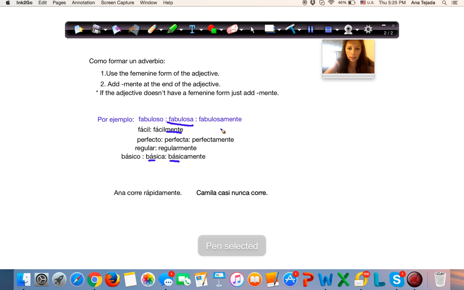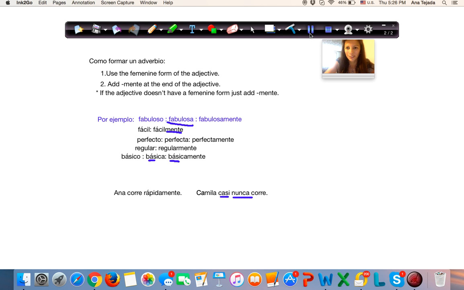Both casi and nunca are adverbs because they tell us how, when, or where an activity took action, right? So casi is almost, nunca is never. Almost never. Casi is modifying nunca. Because besides saying she never runs, she almost never runs. Okay? So that's why casi is placed before the other adverb. And they are both placed before the verb.